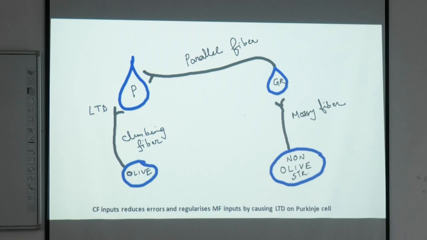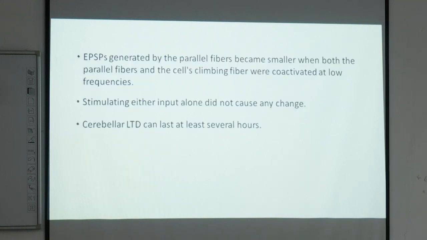So this long term depression happens at the level of Purkinje cells in the cerebellum during the process of motor learning, such as cycling and swimming.